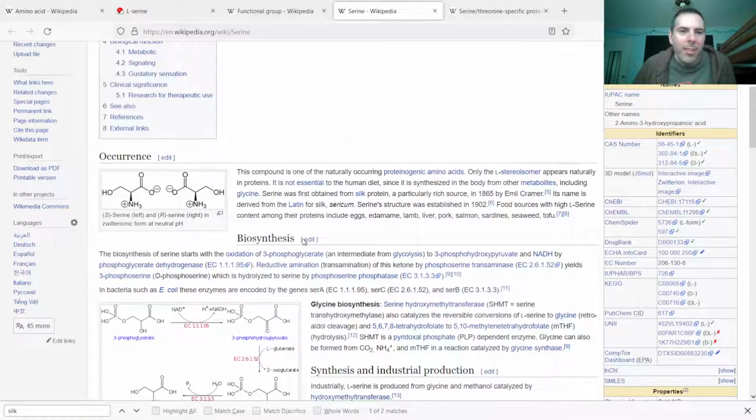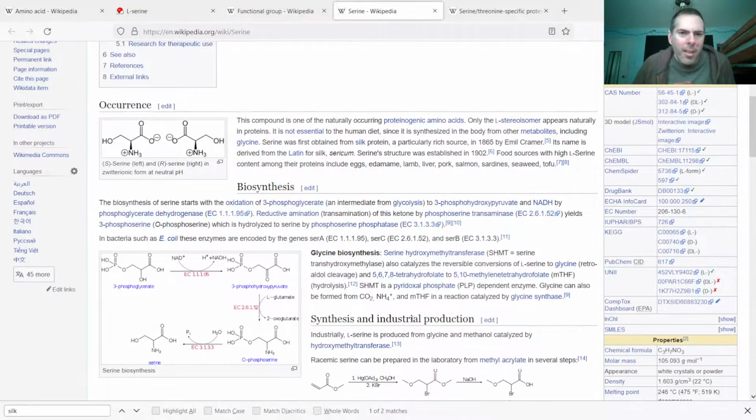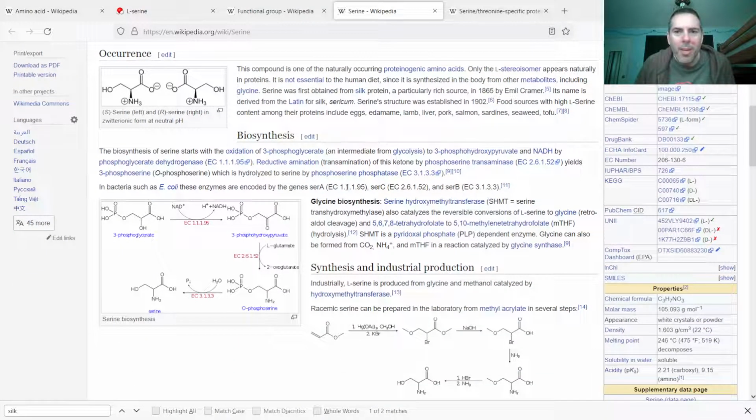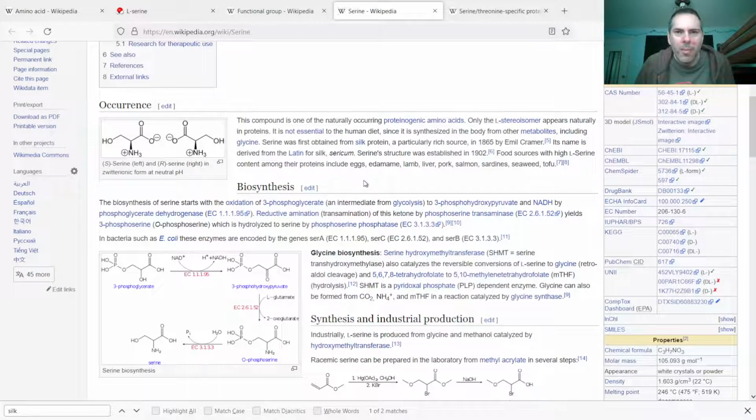Serine is not essential. There's various ways that the body can make it. This section here on biosynthesis is a little complicated, so I'm not going to go into it. The word serine comes from the Latin word for silk, sericum maybe, because one of the first discoveries of it was in the silk protein.